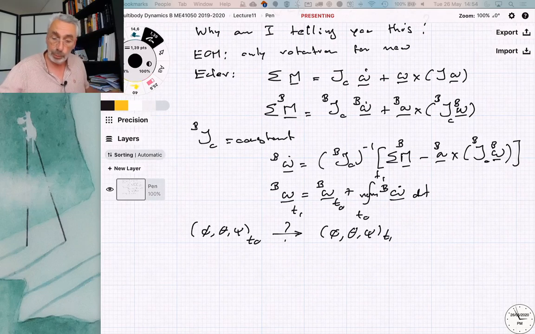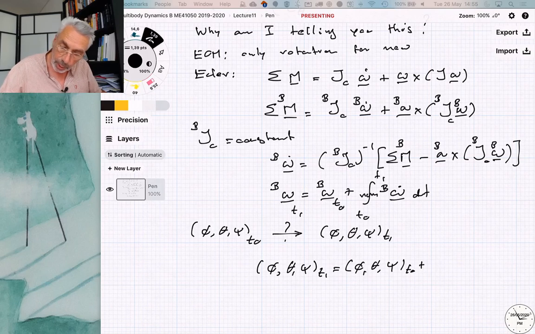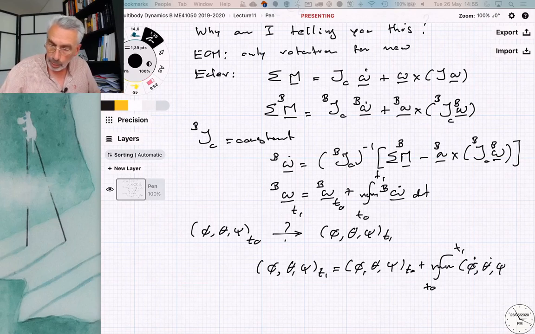You need the time derivatives of those. Then phi, theta, psi at t1 is the old one at t0 plus the numeric integral from t0 to t1 of phi dot, theta dot, psi dot dt.